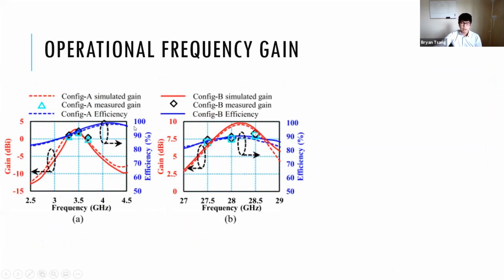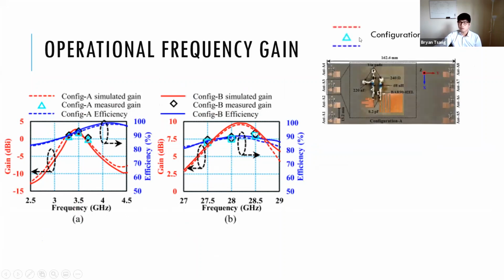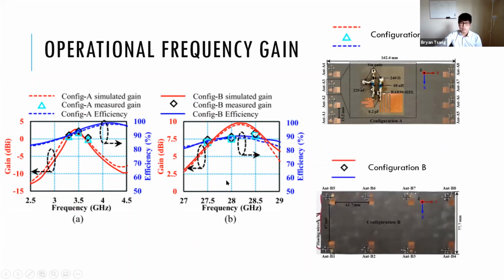So the operational frequency gain, again, there's a decent bit going on here. Configuration A is the dotted lines for both of these graphs, and configuration B is the straight lines. Both of these configurations perform pretty similarly.